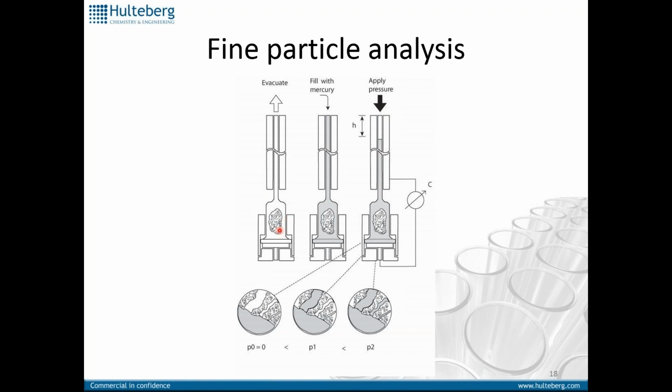So the first thing that happens is that we remove all gas and water inside the particle to be analyzed by evacuating it. We fill it with mercury, and then we increase pressure in stages, and we get a pore size distribution.